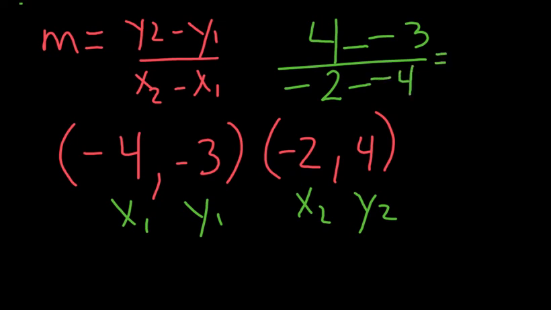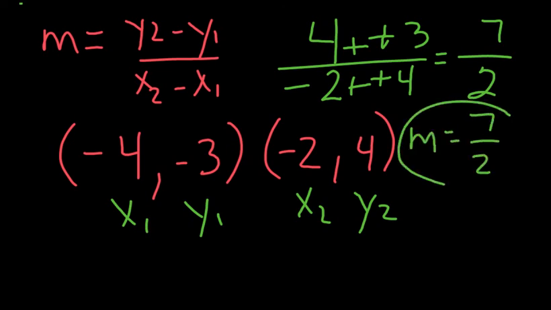Well, 4 minus negative 3 is 7 because that's plus a positive. And negative 2 minus negative 4 is 2 because that's actually positive. Right, that goes positive 2. That will not make a plus sign. That makes 2, so 7 over 2. The slope is 7 over 2 for these two ordered pairs on this line.